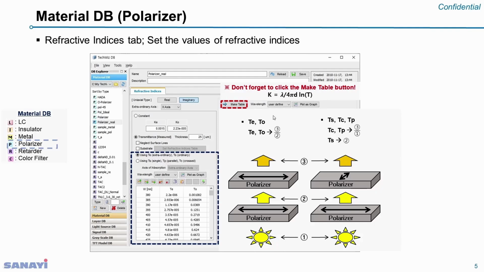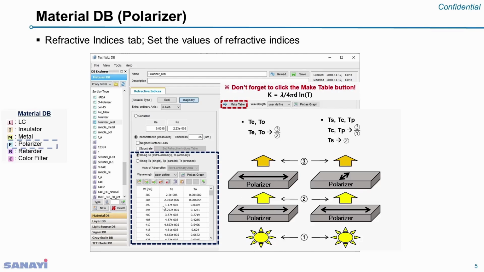Let me explain by looking at the picture. At first, TE. The direction of the incident light and transmittance axis are crossed each other, so the transmittance is very low. On the other hand, TO means that the direction of the incident light and transmittance axis are the same, like this, so it shows very high transmittance.